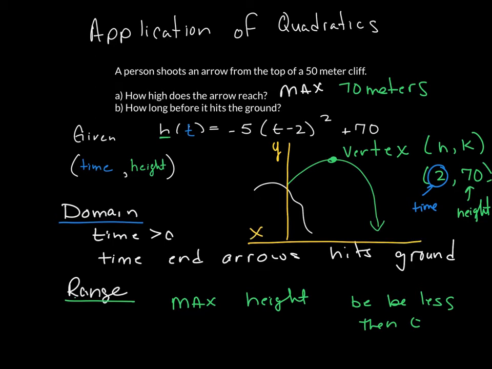I know that I started here at 50 meters. My vertex, I already said, that happens over here at 2 seconds when x is 2. So my vertex hits the point here at 2, 70, which means my height here is at 70.